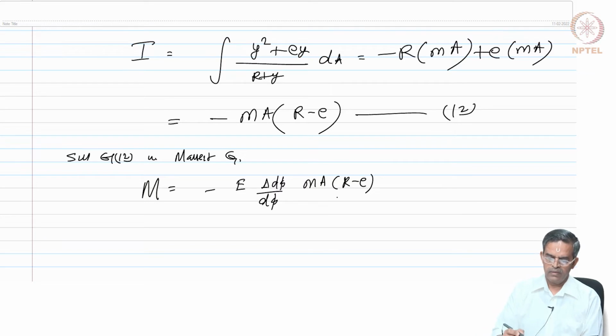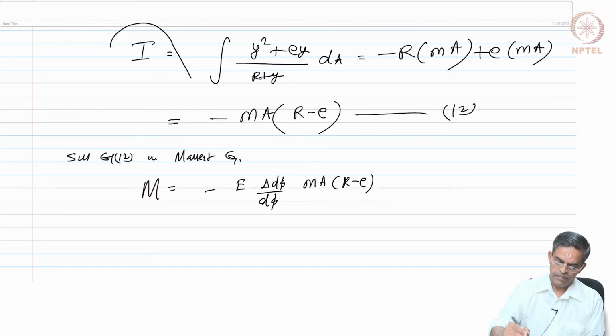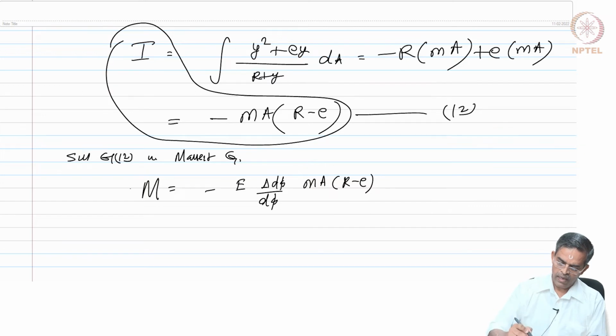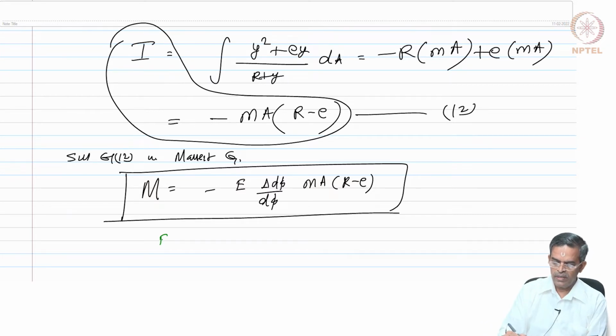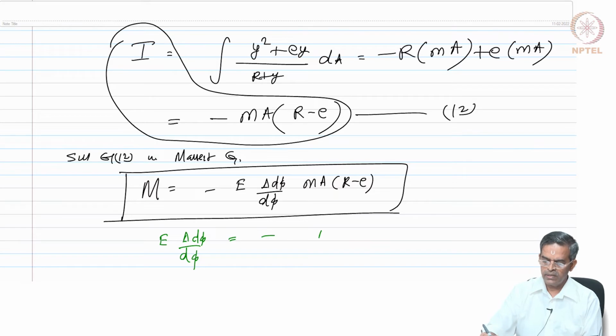I have substituted this integral back and got a new equation for M. So, now I can say E times d phi by d phi should be equal to minus M by MA of (R minus E).